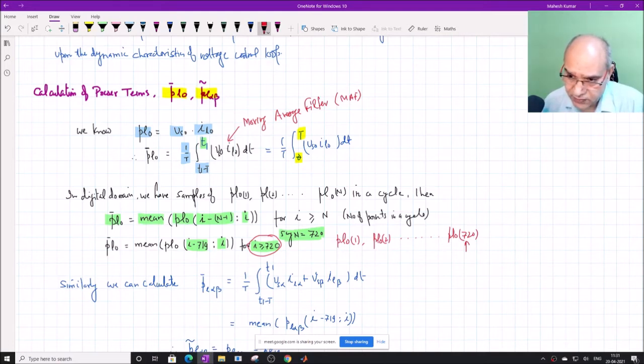So at i equal to 720, we compute for the first time PL0 bar. It is the mean of PL0 from i minus 719. So i is 720, am I correct? So 720 minus 719 becomes 1. So 1 to 720. So this is the averaging of 1 to 720 points of PL0. Mean of this.